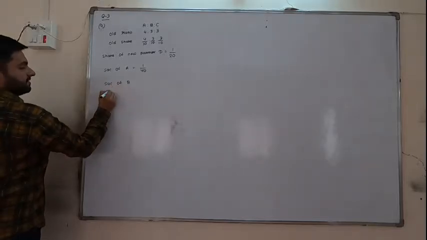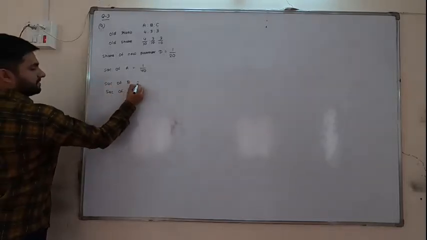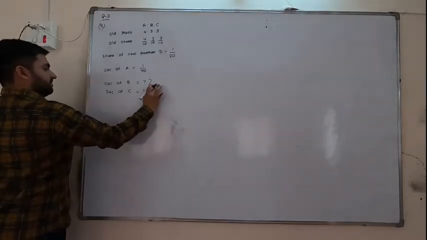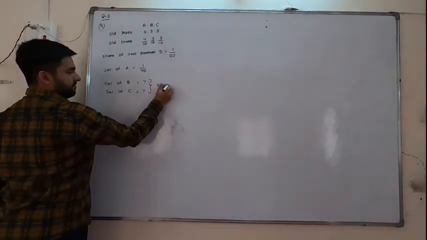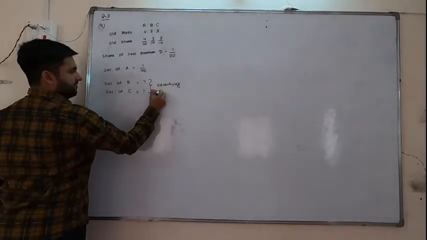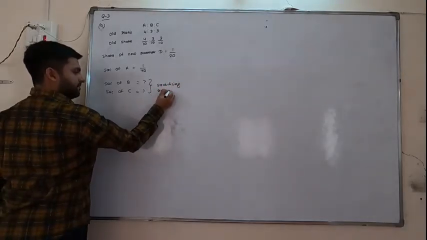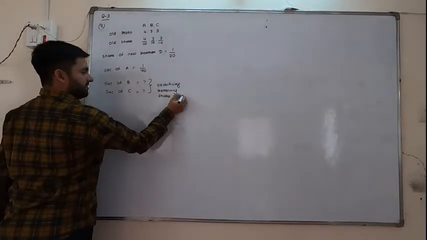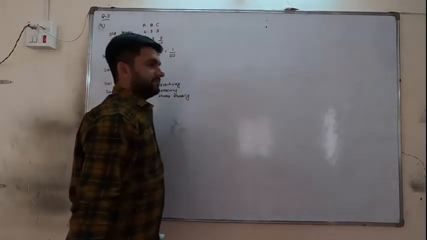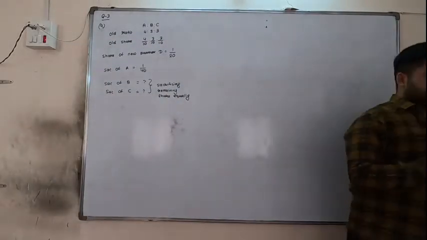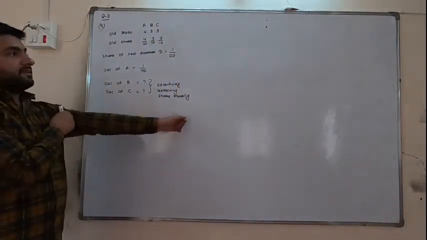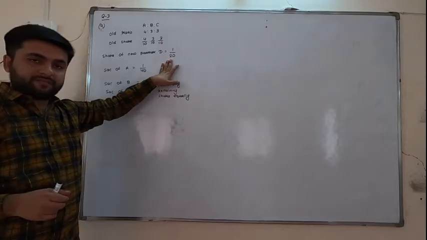Sacrifice of B and sacrifice of C are not given, but they are sacrificing the remaining share equally. Partner D is getting 1 by 20.